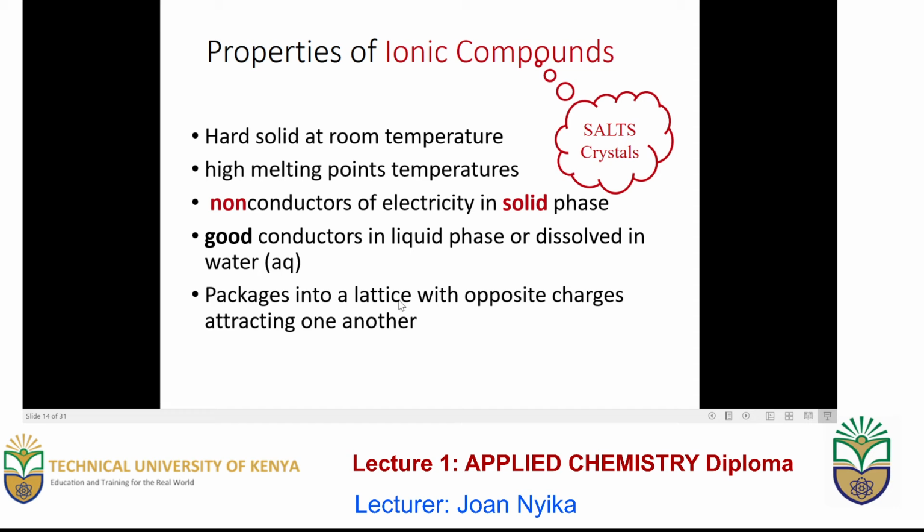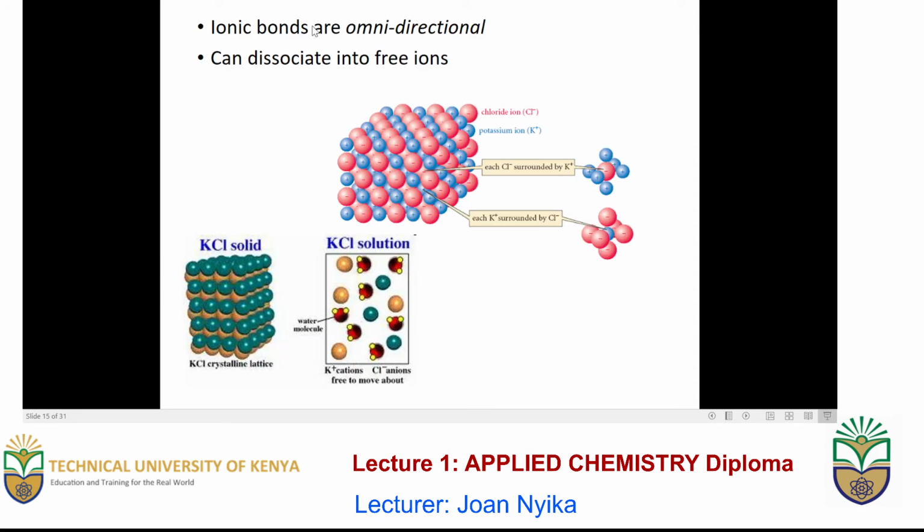They are packaged into lattices where opposite charges attract one another, as we said in previous classes. Ionic bonds are also omnidirectional. By omnidirectional, I mean that they can be arranged in every direction and they can be dissociated into free ions.